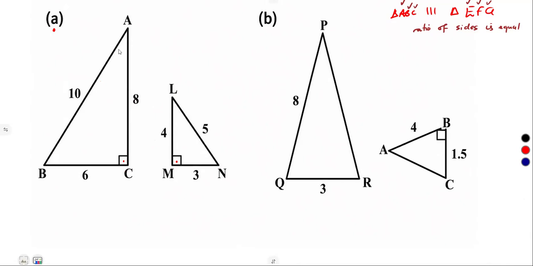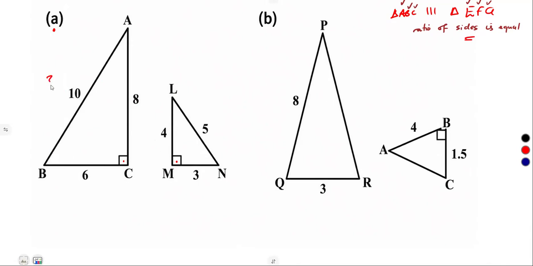We cannot state that this angle and this angle are equal by looking at the diagram, so what we can work with is the corresponding sides. Are they proportional? Is the ratio of sides equal?